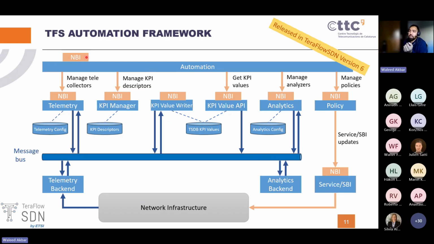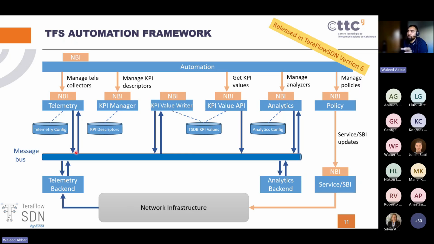Based on the request parameters and the configurations, it will create some KPI descriptors through the KPI manager NBI. Then once it has the KPI descriptor, it will create some telemetry collectors. Once the telemetry collectors are running, this means you are getting the data from the network.